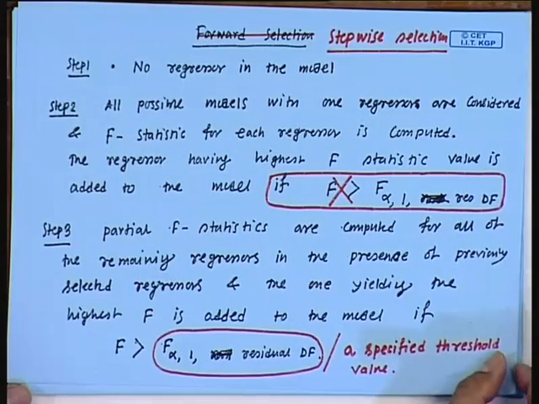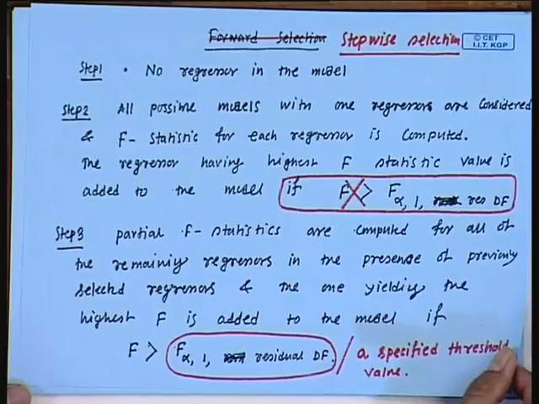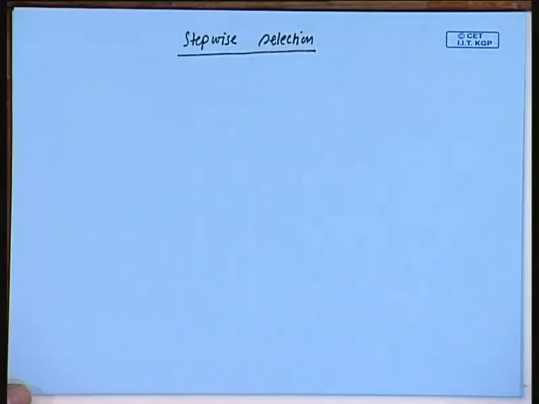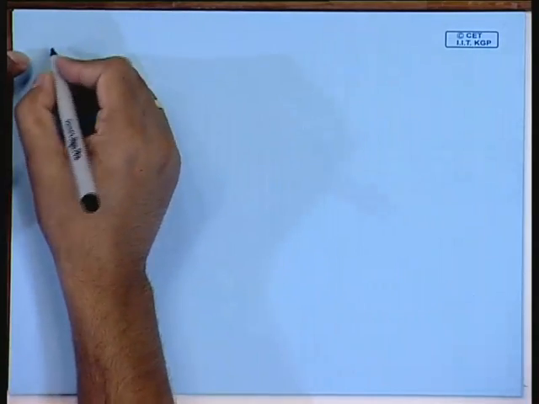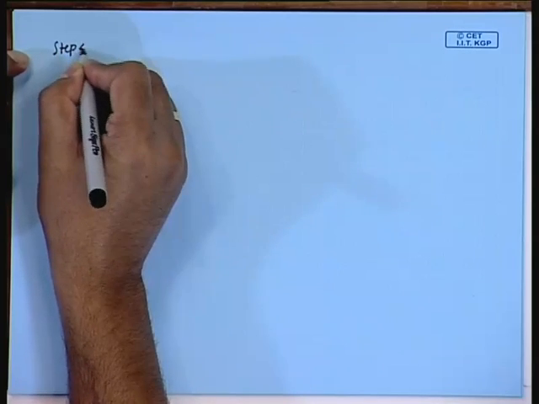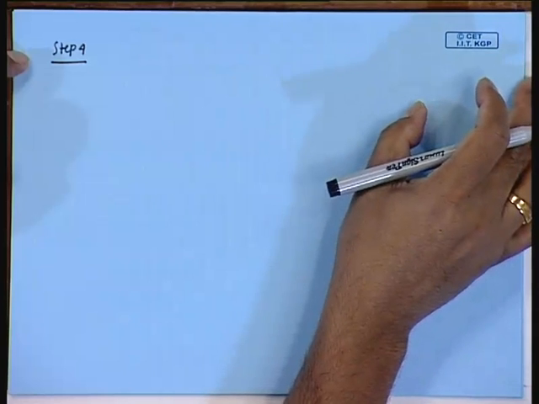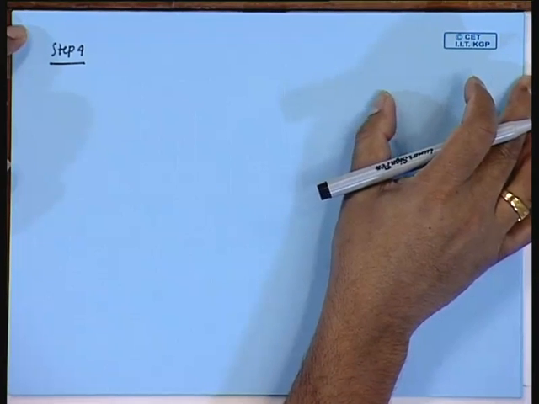Now, in step 4 we have a change. In step 4, we check for a possible exit.